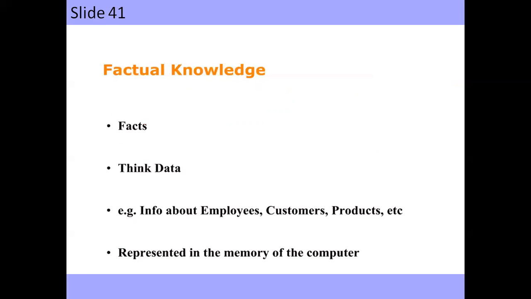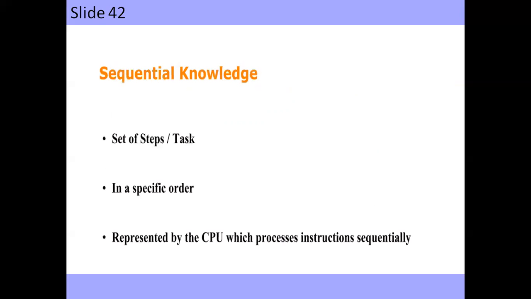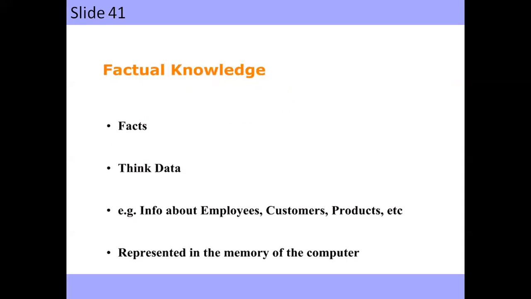Factual knowledge is nothing but the facts, the data and information we have. For example, if I consider employee data, then what information do we have about that employee, represented in the memory of a computer. That is considered the properties of forward chaining.